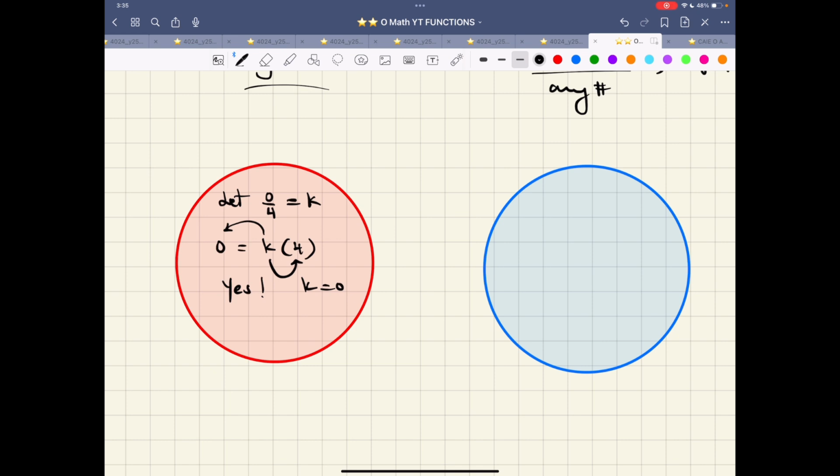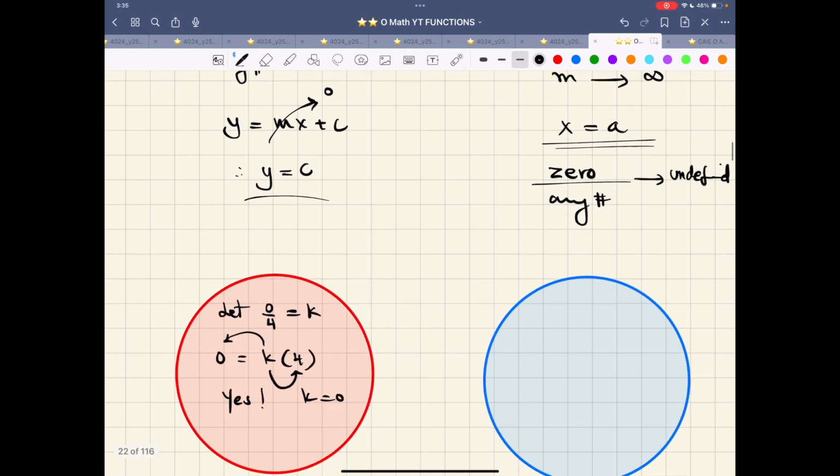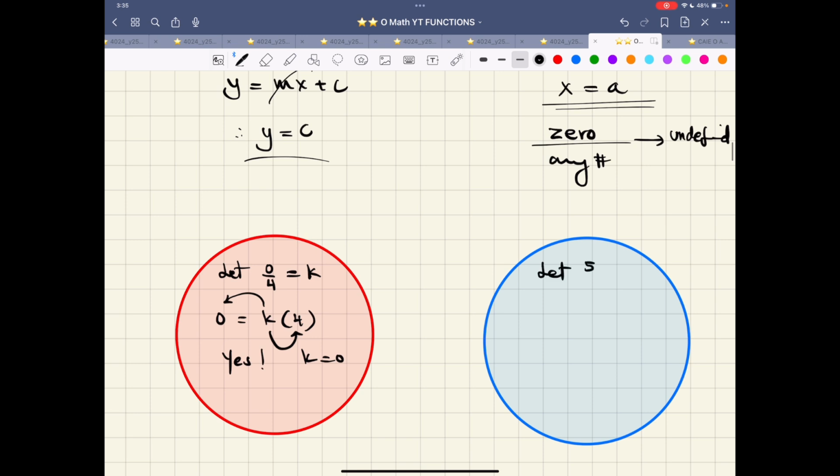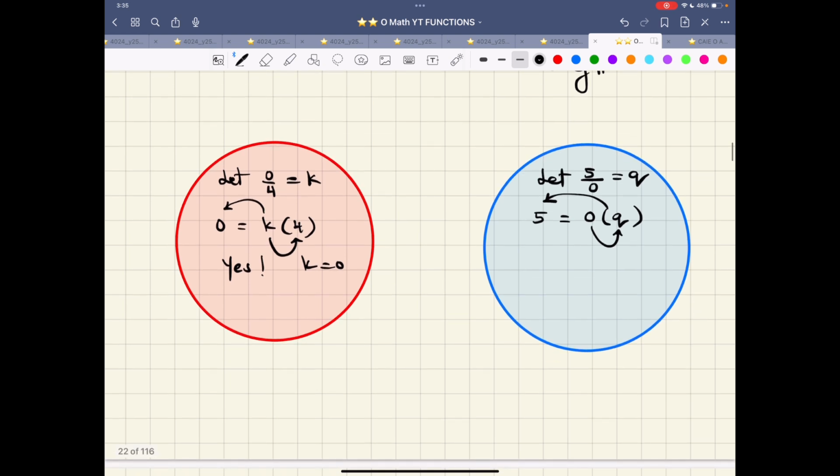But if I write something like this, let's say 5 over 0. Let 5 over 0 equal q. That means 5 is 0 times q. Now, is there any number which after multiplication by 0 can give us 5? Not that we know of. So therefore, we don't know anything about it. We are confused.